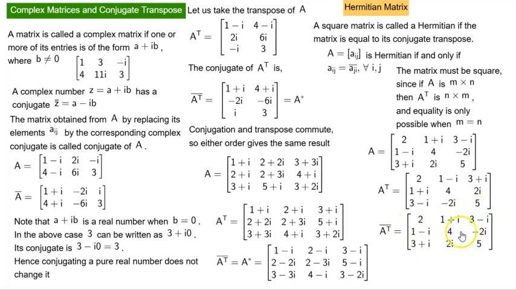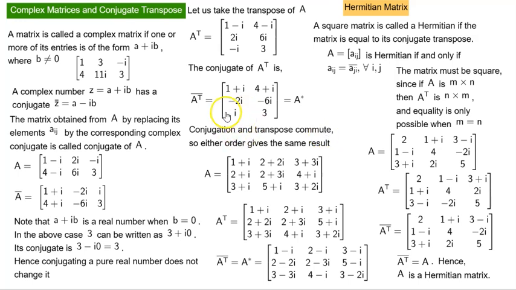And here you will notice that the transpose conjugate is equal to the original matrix A. So transpose conjugate of A is equal to A, hence A is a Hermitian matrix. So that was Hermitian matrix.